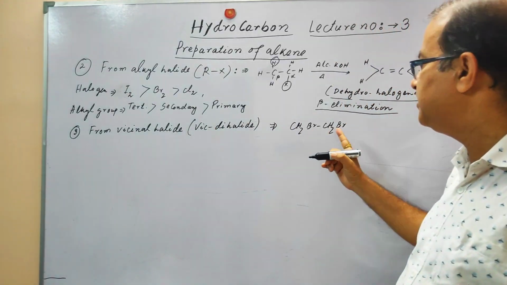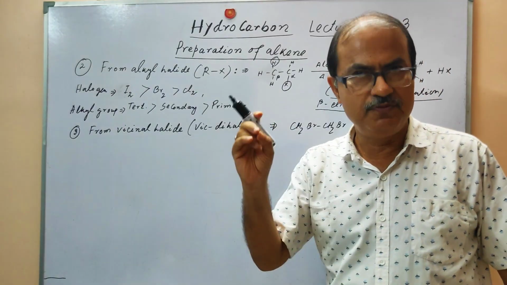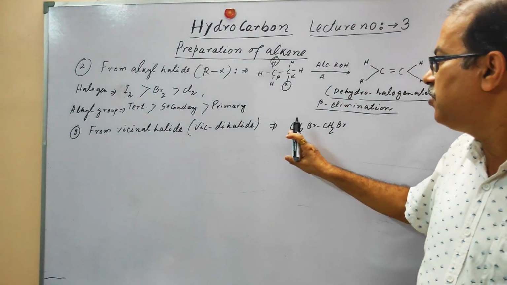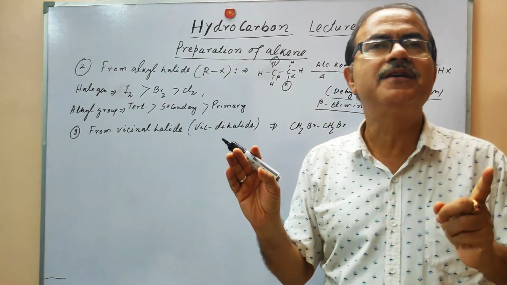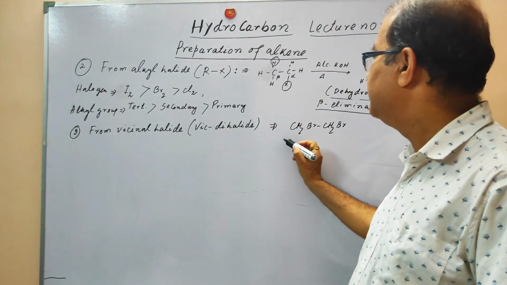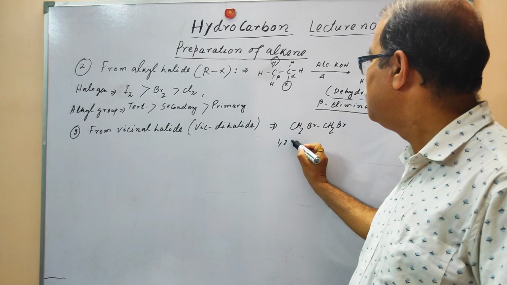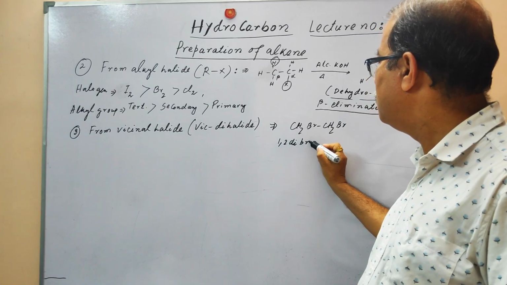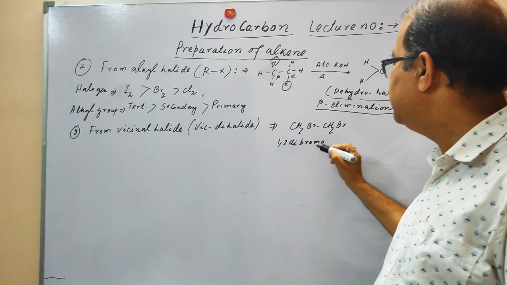Here we can see two halogen atoms have been incorporated on adjacent carbon atoms, which are bonded with each other. This is called 1,2-dibromoethane.